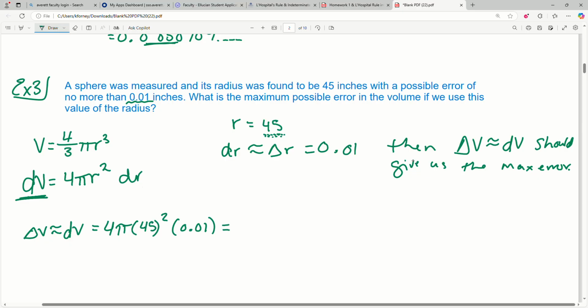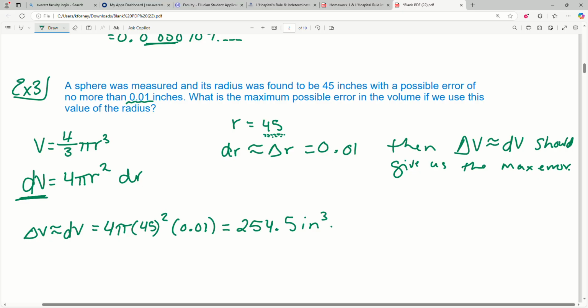So now we could type this in, and we'll risk it again. 4 pi 45 squared times 0.01. Okay, so that gives me 254.5. You could round it differently if you want to. And volume is cubic inches.